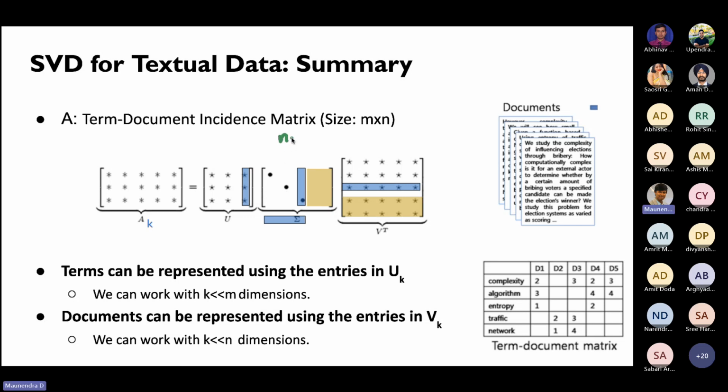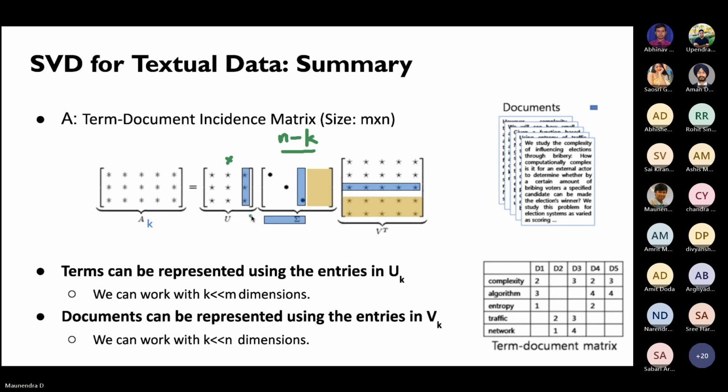Suppose we said we'll be retaining only k singular values here. That means n minus k entries will be set to 0 forcibly. That means an equivalent number of columns functionally disappear from here, and an equivalent number of rows functionally disappear from here.